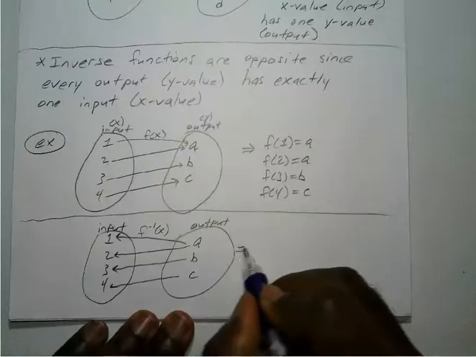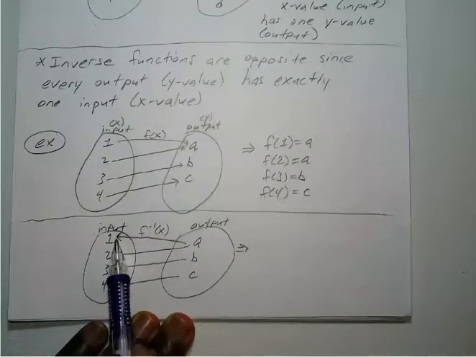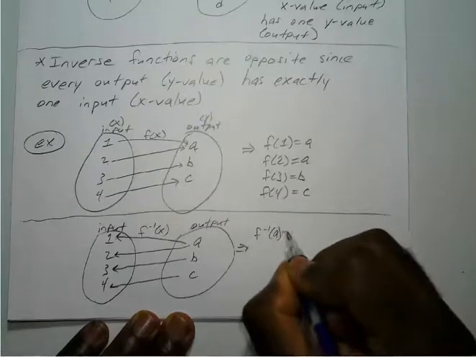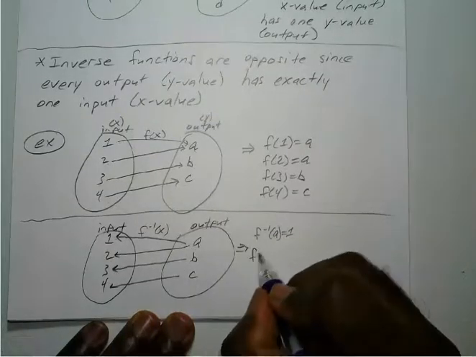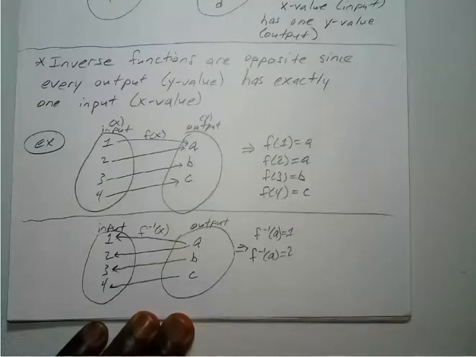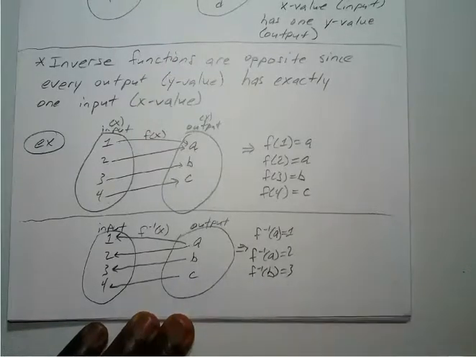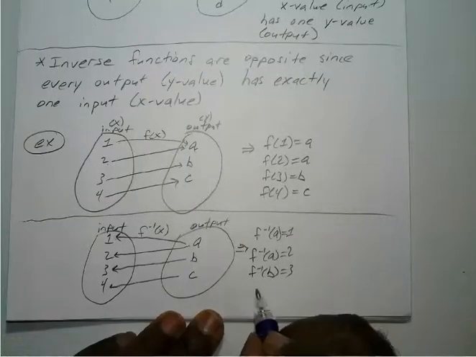If we wanted to write this out, f inverse of A equals 1, f inverse of A equals 2, f inverse of B equals 3, and f inverse of C equals 4.